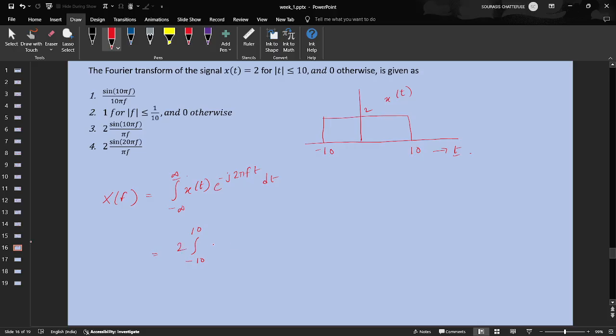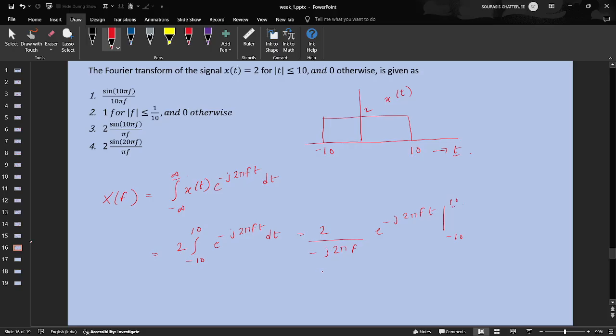We have the integral of e to the power minus j 2 pi f t dt, which amounts to 2 over minus j 2 pi f, times e to the power minus j 2 pi f t evaluated at minus 10 and 10.